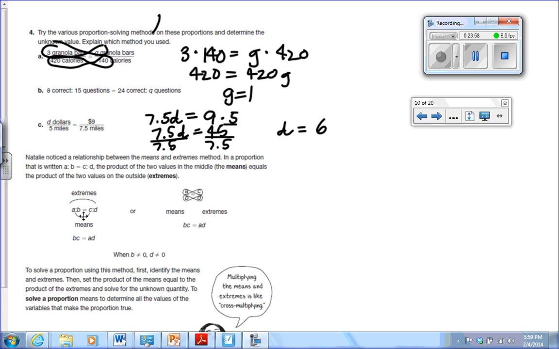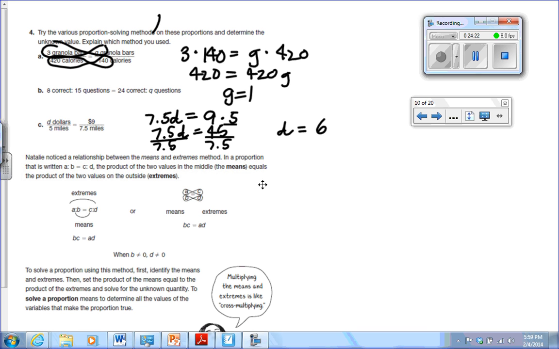Whereas if they're written in this form, the 2 on the inside are the means, the 2 on the outsides are the extremes. So to solve a proportion using this method, first identify the means and extremes, then set the product of the means equal to the product of the extremes and solve for the unknown quantity. To solve a proportion means to determine all the values of the variables that make the proportion true.